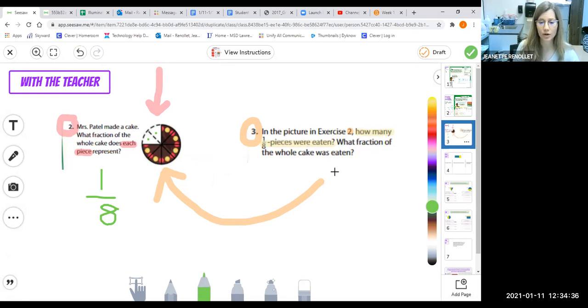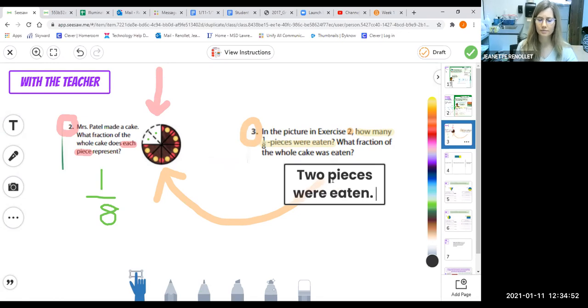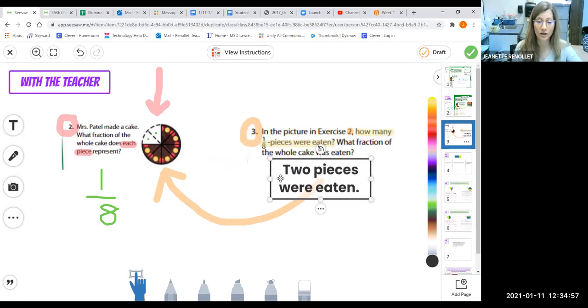So I can record, I'm going to type it actually, changing my mind here. I'm going to record that 2 pieces were eaten. Notice that I'm answering in a complete sentence to answer the question.